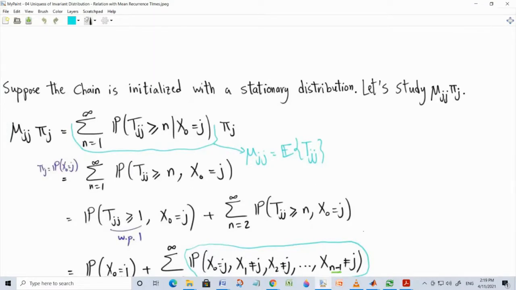It is basically the stationary distribution. So now we know that our chain, if there is one positive recurrent state, will have an invariant distribution. So let's talk about one stationary distribution, and let's investigate the quantity mu jj pi j.